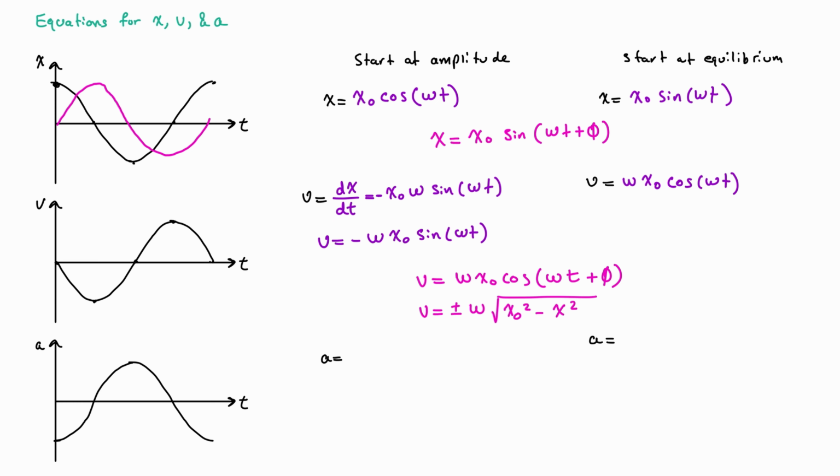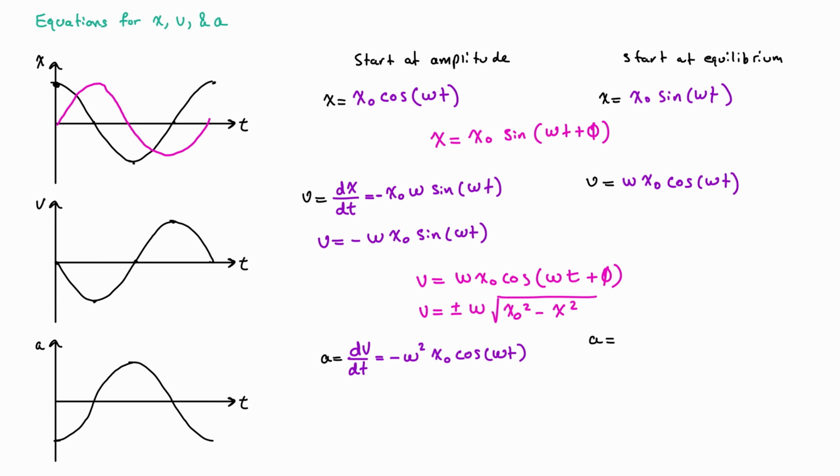Finally, acceleration is the derivative of the velocity with respect to time, or the slope of a tangent of a velocity time graph. And if we do this, we will end up getting, it's a sine graph, so negative omega squared x naught times the cosine of omega t. And interestingly enough, wait a second, amplitude times cosine of omega t is just x.